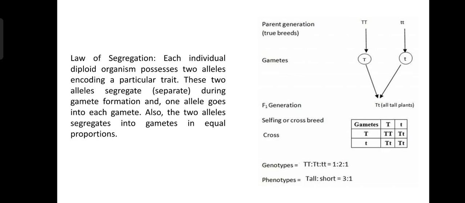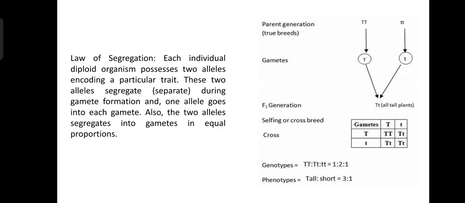Now again, when self-fertilization is done in the F1 generation, again following the law of segregation, when the alleles separate during gamete formation, in this case we have 2 possible scenarios. The gametes can be either capital T or small t, and when the fertilization is done, we can have 4 possible genotypes, as we can see from this picture here.